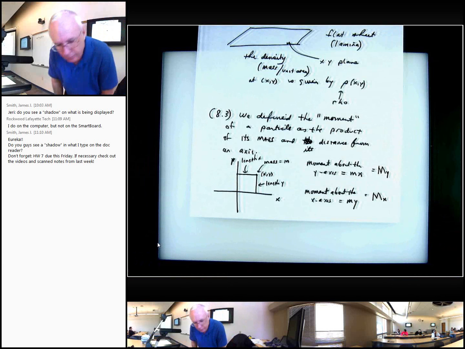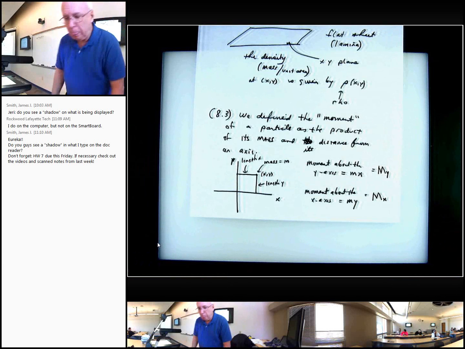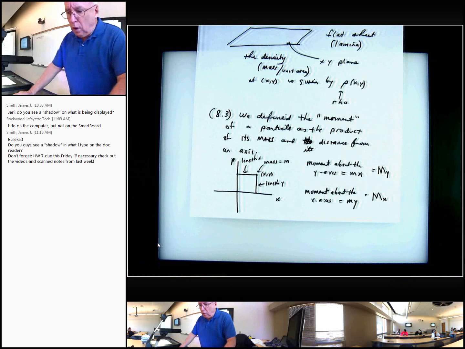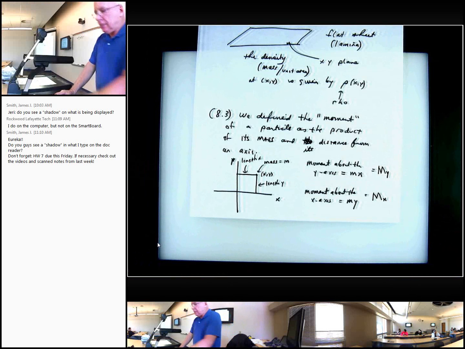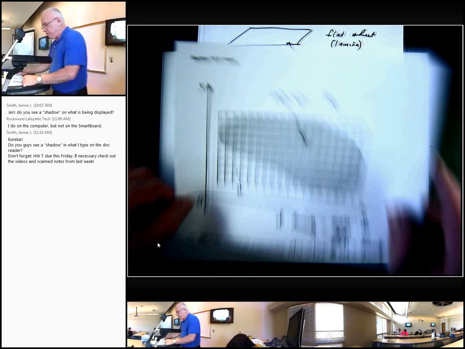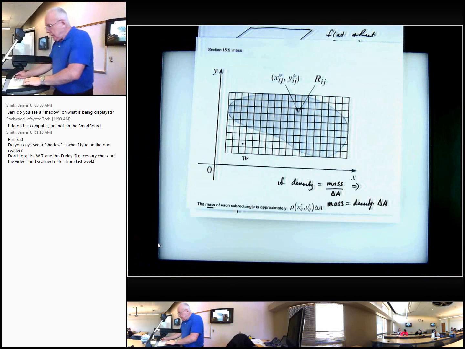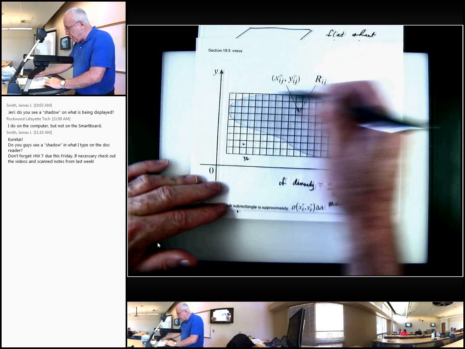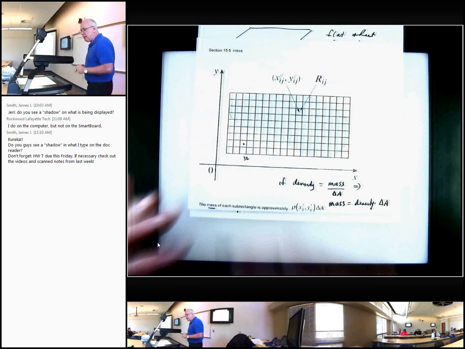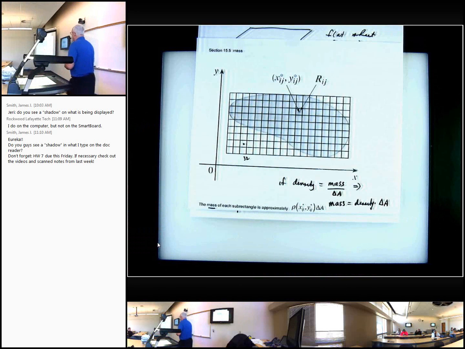Now, what we're doing here, let me put this thing back up. We've got this sheet, this lamina, and we're dividing it up into little rectangles or squares.